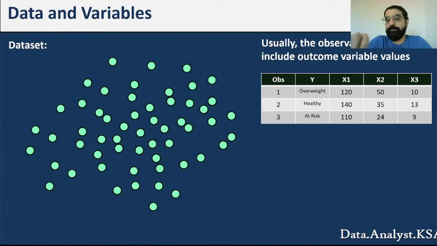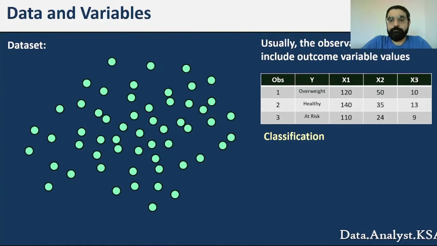So for this type of data where the outcome variable is categorical, as we see here there are different categories, we can do classification. We can build some of the models that we learned in this channel that can help us classify any new observation given its independent variables or covariates to a category of overweight, healthy, or at risk, or whatever categories we have in our data set.